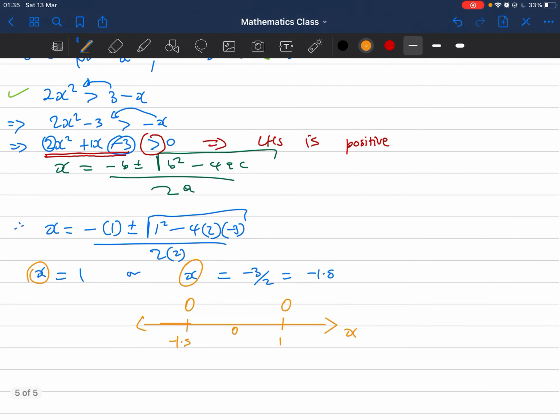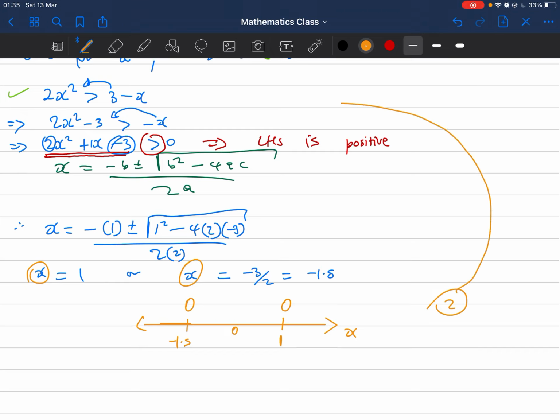Cool. So you're going to take any number. For example, looking at this side, take any number that is greater than 1. You can take 1.5, 2, 3, 4, 6, 7, 8, 9, 10, or 1000. Let's say we take 2.